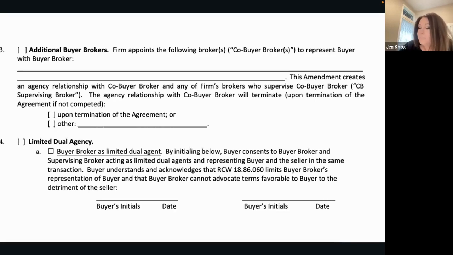Think about negotiations. Think about inspections. If you have a seller who you represent and a buyer who you represent, you being the dual agent, if you attend the inspection, you are essentially seeing the inspection. And did your seller consent to seeing the inspection?